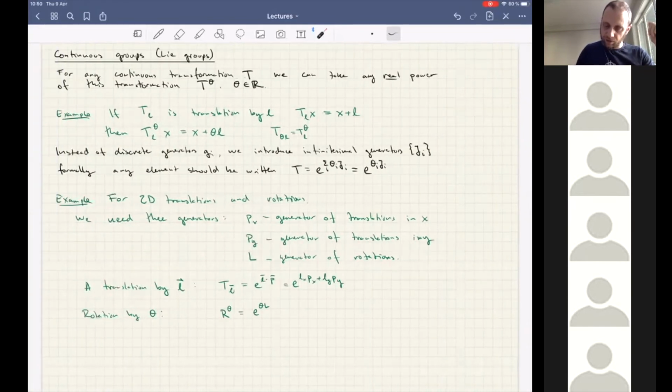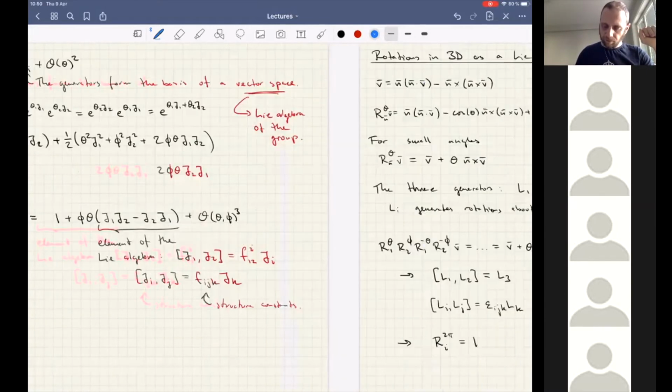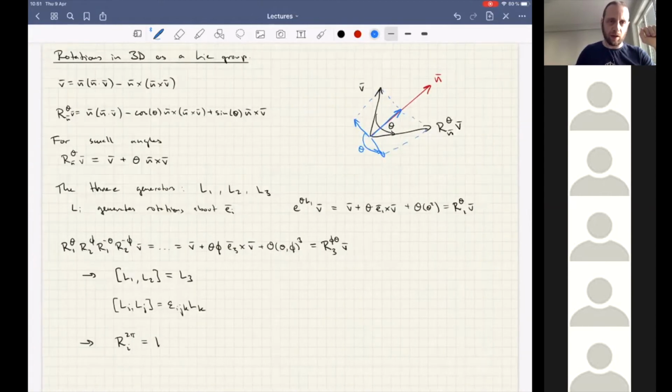So you can compute here as an exercise px with l and py with l. If you look at px and py, that is going to be 0 because translations commute with each other. And you can do it in a similar fashion to how I did these commutators for 3-dimensional rotations.